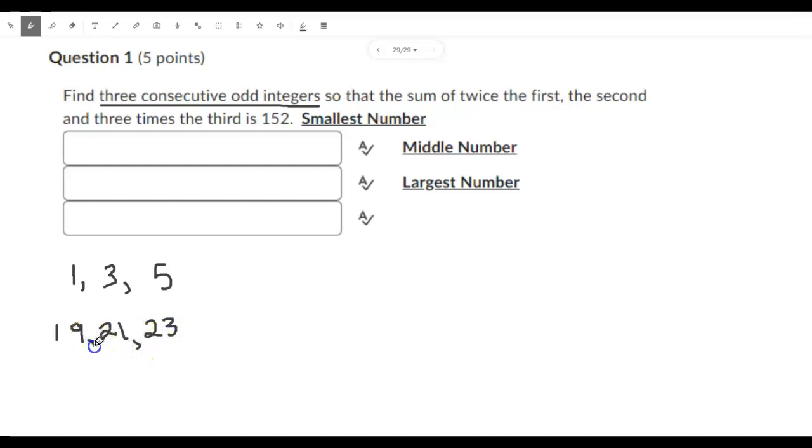So consecutive odd integers means that we're getting every other number. We're skipping even numbers, but still they're in counting order.